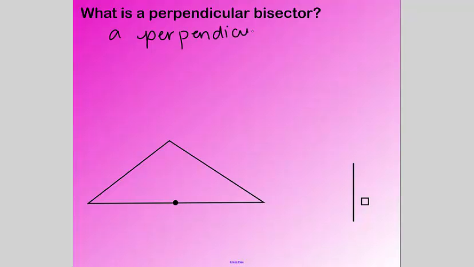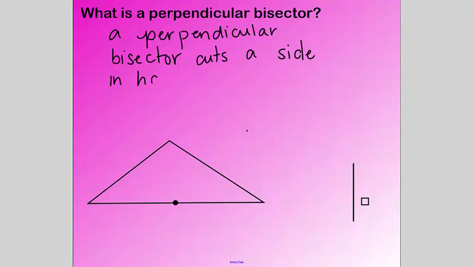A perpendicular bisector cuts a side in half, forming a 90-degree angle.